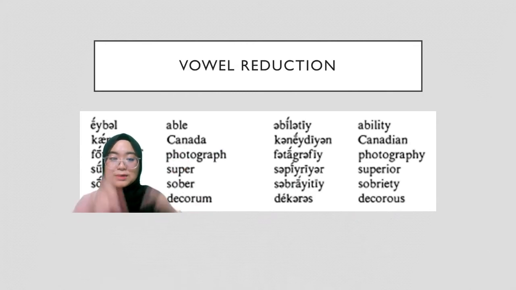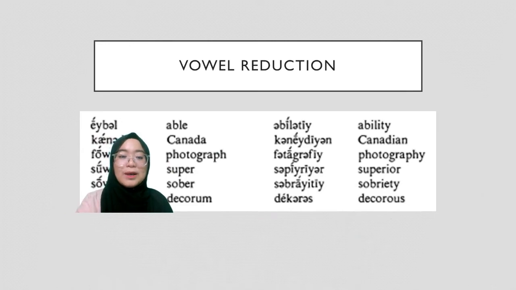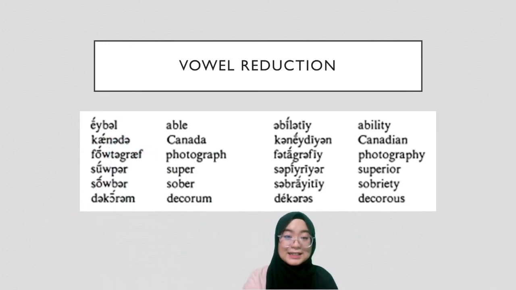This is schwa. This is schwa. We weaken it, so we pronounce it like "able." Canada, photograph, super, sober, and so on for vowel reduction.